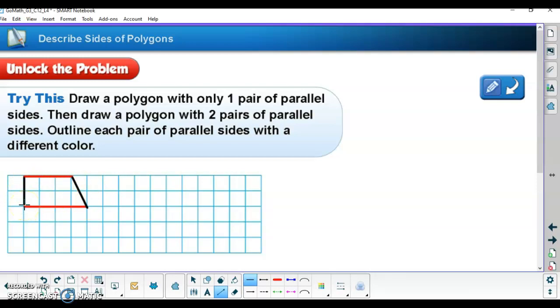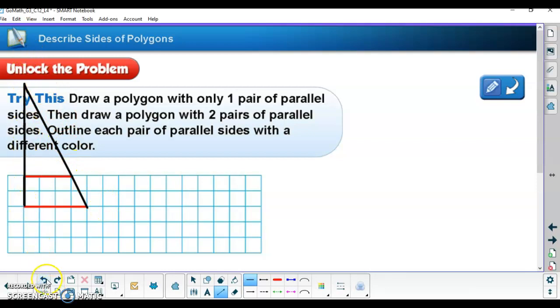And if I continue to draw this one up this way, and then I continue to draw this one this way, going a straight line here, eventually these lines are going to meet up together. You can see right about there. They meet up together at this point. Okay, so those are not parallel.